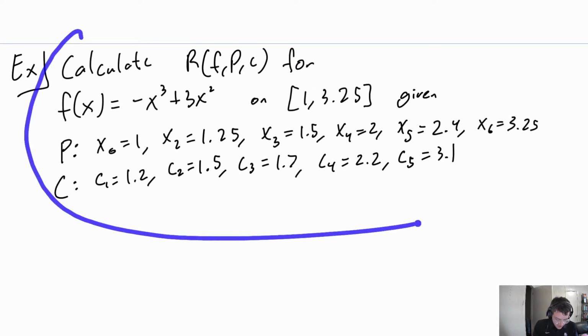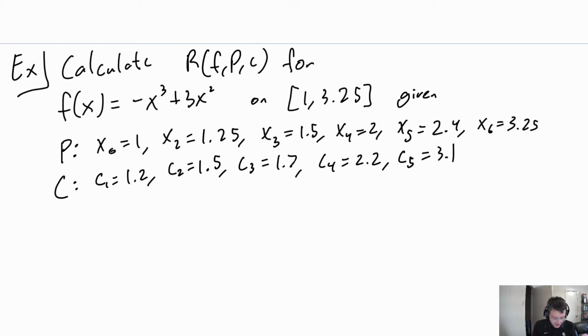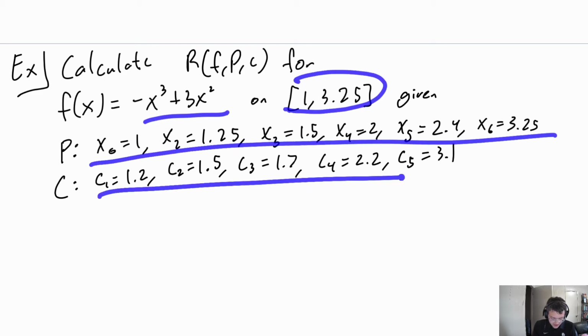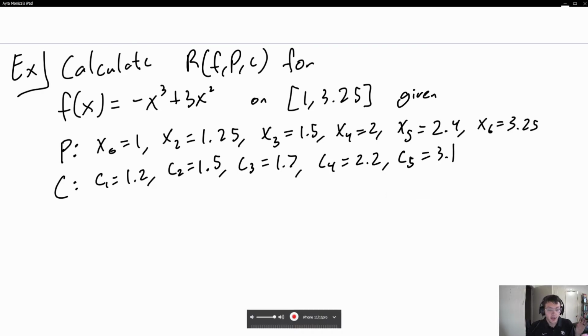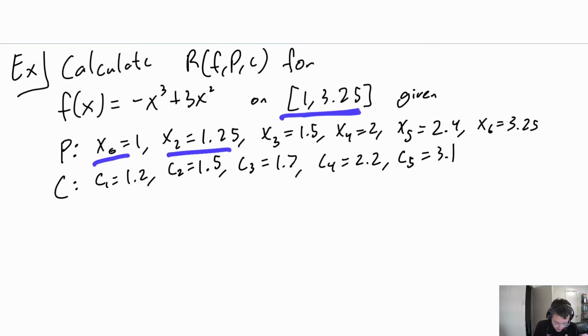Okay, here I have calculate R(f, P, C) for minus x cubed plus 3x squared on this interval given these partition points and these sample points. That's what we just saw. So if we want to calculate R(f, P, C), just to reiterate, what we do is we break this interval into the multiple subintervals given by these partition points.